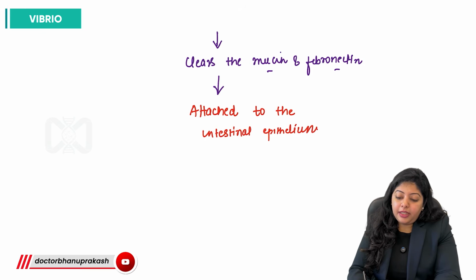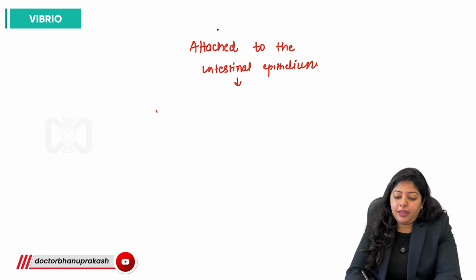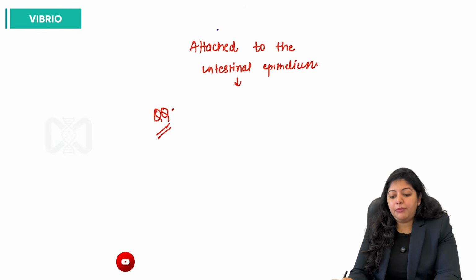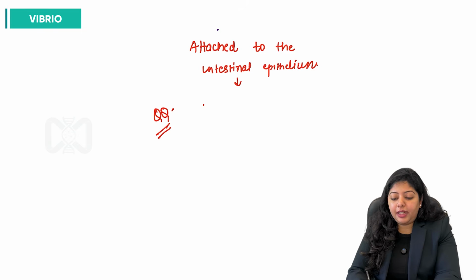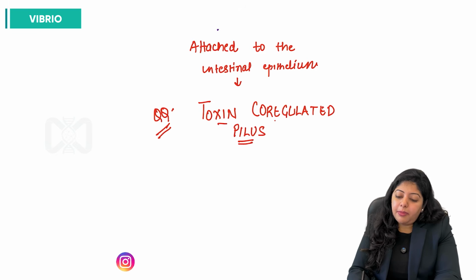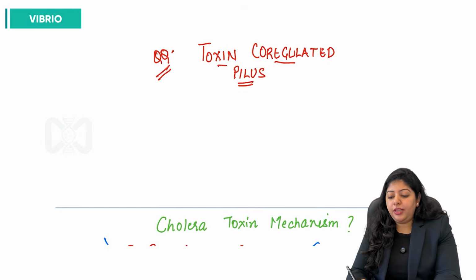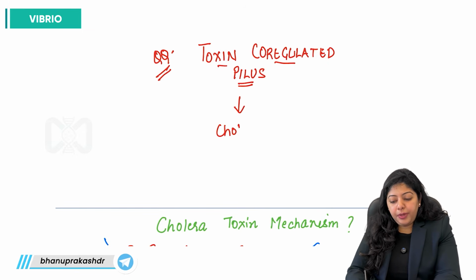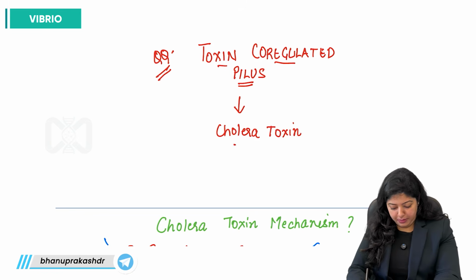And how is that attachment happening? Again, a very important question: it happens with the help of a pilus, that is toxin co-regulated pilus. This is the pilus with which it gets attached, and after attachment it is going to release the cholera toxin, right?